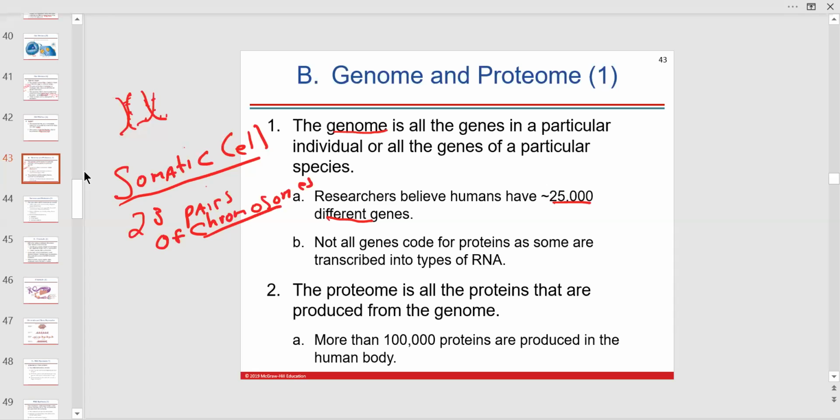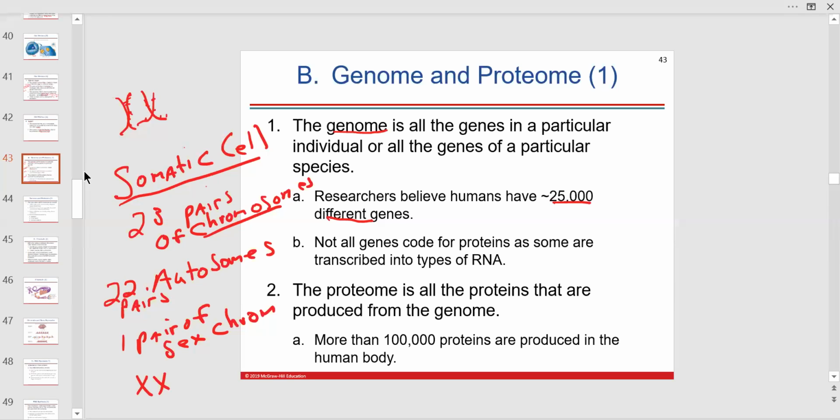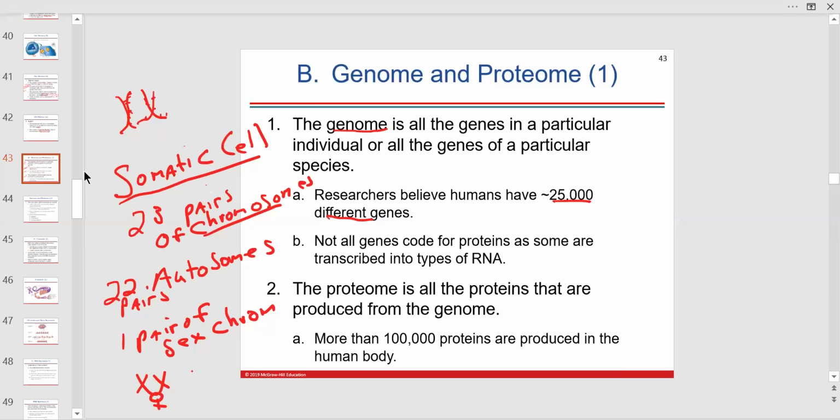Okay, and we have what's called 22 pairs of autosomes, and one pair of sex chromosomes. And that basically determines male or female. So the one pair could either be two X's for female, or X and Y for a male.